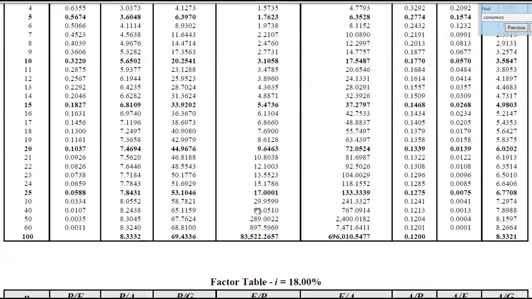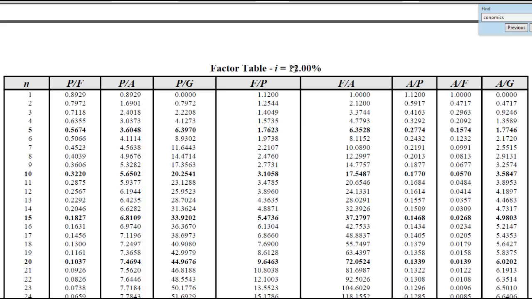But if it was to be here, let's say this was 15. Well, okay, this is 12. I need A/P, so this is A/P over here, 4 years. So it's approximately 0.3 whatever. So that's 4 years right here.